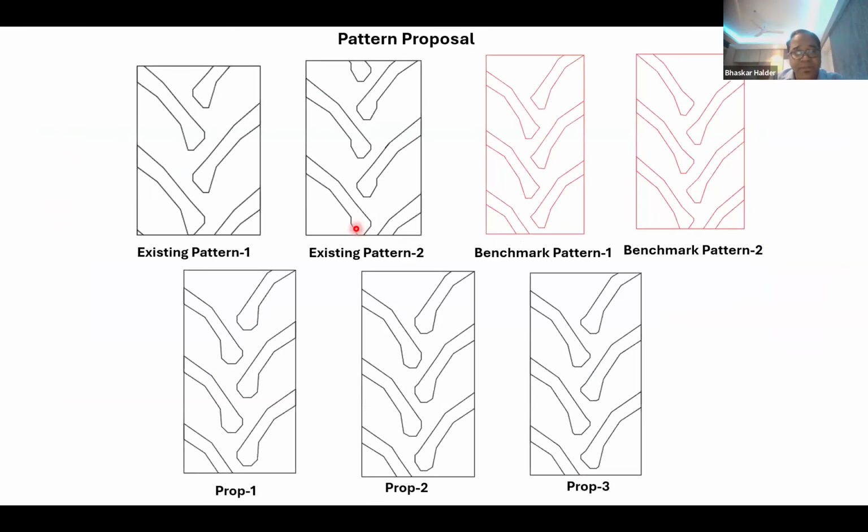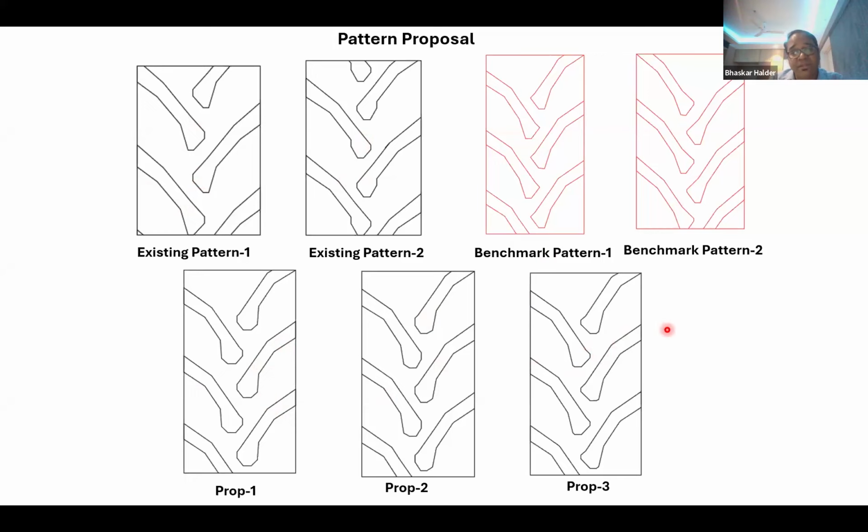Then it is interesting that this is the type of pattern proposal we make. This is one of my existing patterns, this is another existing pattern, this is my benchmark pattern, and how can I give something extra for my organization. This is the proposal a designer will make, and whatever is chosen by marketing is the final design.